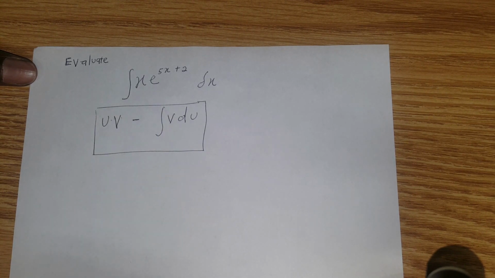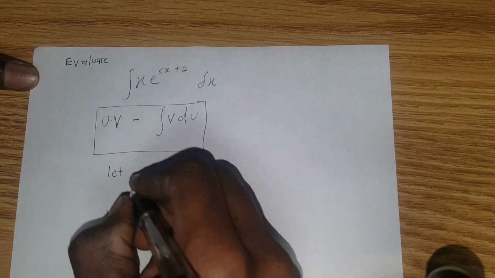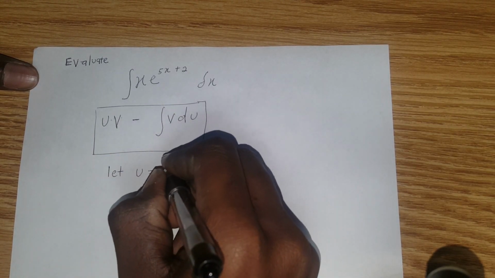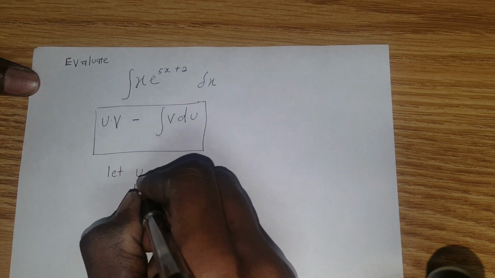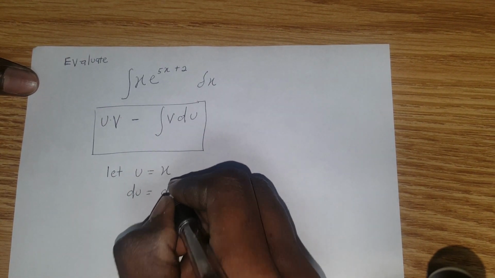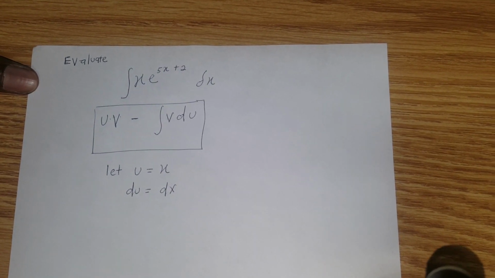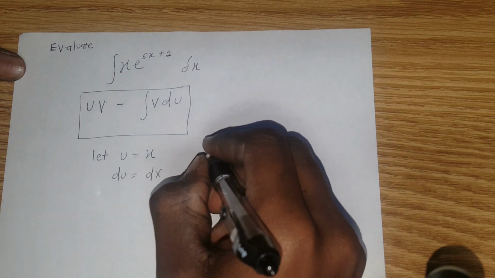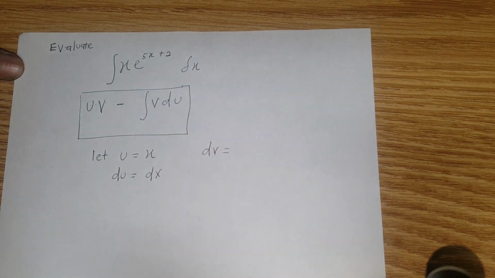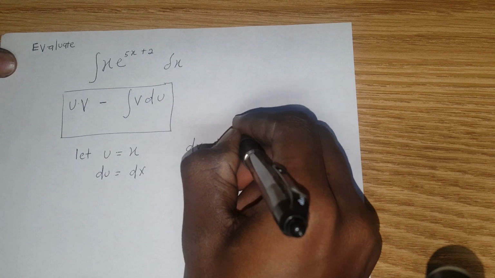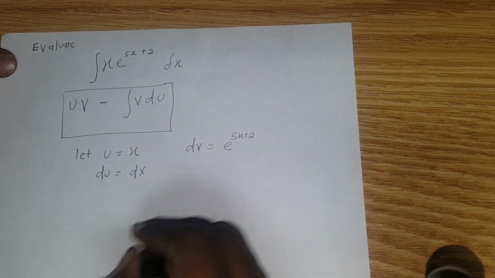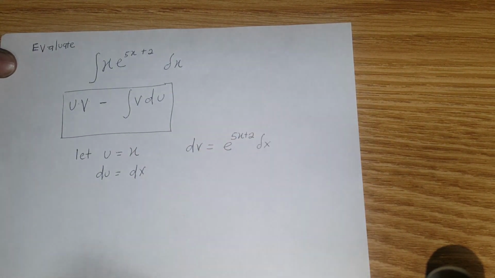So what I'm going to do is let my u be equal to x. du is equal to dx. I will let my dv be equal to e to the 5x plus 2 dx.